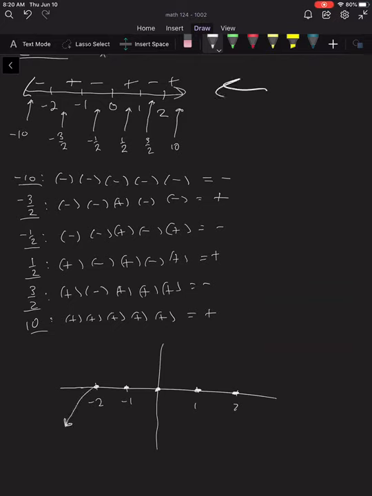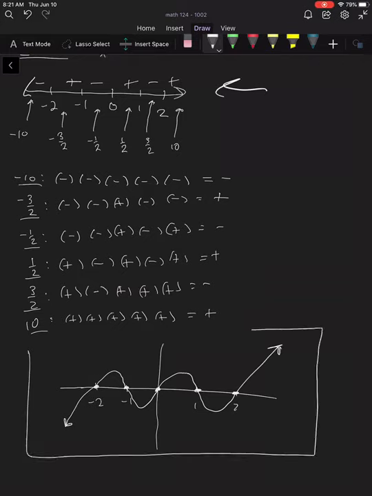In between minus 2 and minus 1 is positive, so it goes up and it comes back down. In between minus 1 and 0 is minus, so it does something like that. In between 0 and 1 is positive, so it does that. And in between 1 and 2 is negative. And then it is positive to the right of 2. All right, so that would be the graph for h of x.